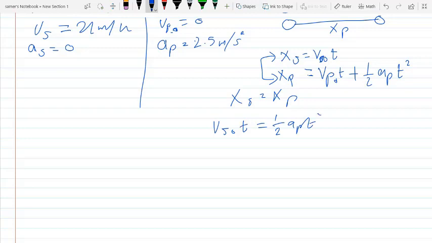Now solving this problem gives t equals 0. This is the trivial case, which is the case when the police car passes beside the speeder.